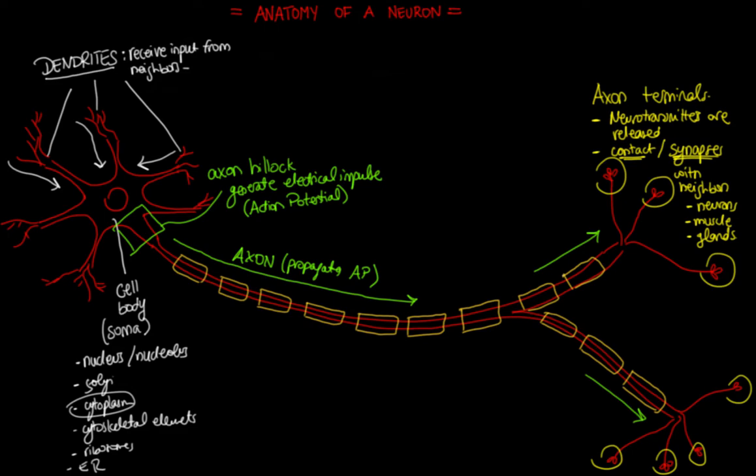The last structure that we will talk about are these yellow components surrounding the axon, as you can see. This is what we call myelin sheath. And myelin sheath is really important for the axon.